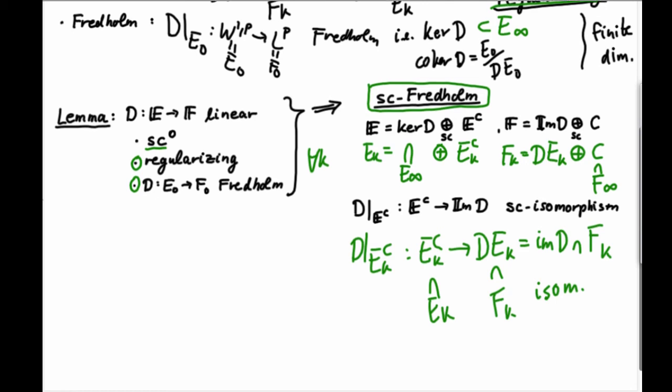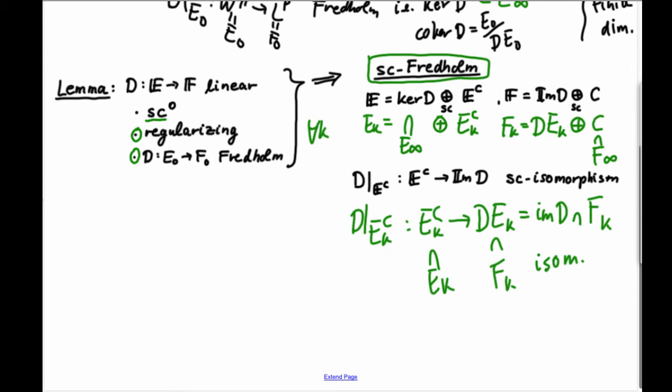In particular, if you now just read this on a fixed level, this implies that D restricted to E_k, from E_k to F_k, is Fredholm.